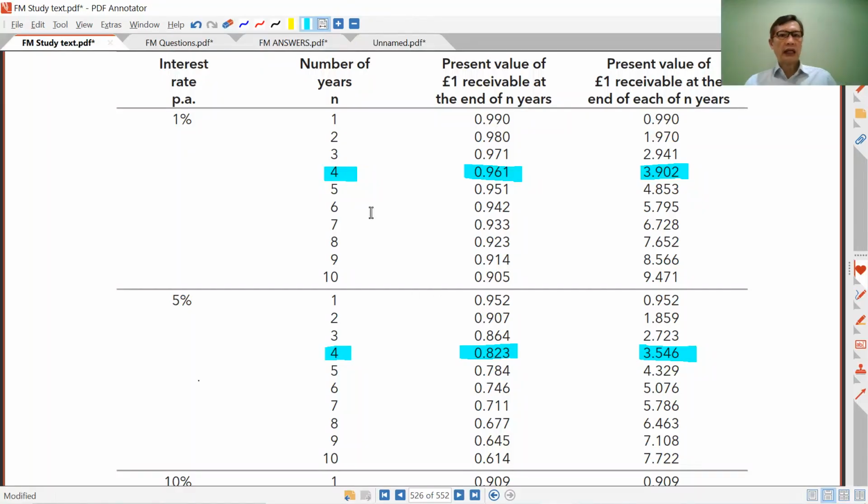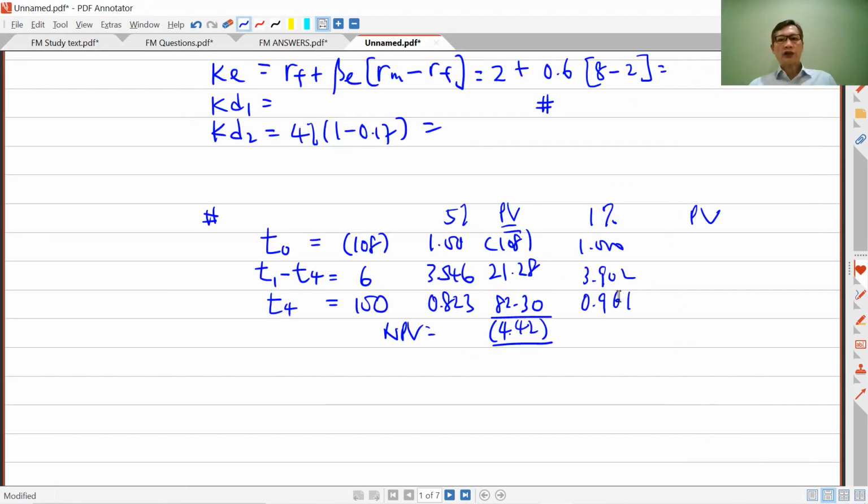So for 1%, look under the 4 year, you have the discount factor, and then you have the annuity factor, and you multiply accordingly, and then you have the NPV when you try the 1%. So write down accordingly, and then you just take this cash flow and multiply by this factor, and then you have the present value.